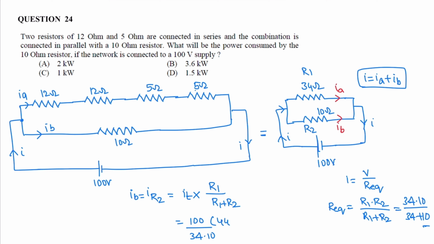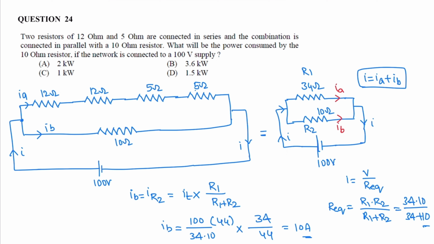So 34 plus 10 is 44, into R1, R1 is 34 ohms, by total resistance 44. Its value is 10 ampere. Now the current flowing through R2, or IB, is 10 ampere.